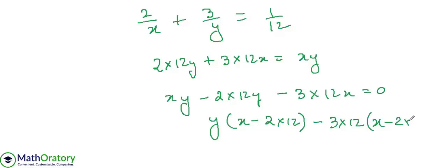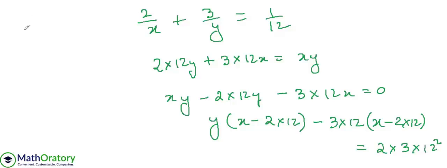Again, in this case, if I take the 3 into 12 common, I should be making this x minus 2 into 12. Now what do I need to do? I need to multiply this thing with this thing because this is the extra part being added. So the right side is 2 into 3 into 12 square.